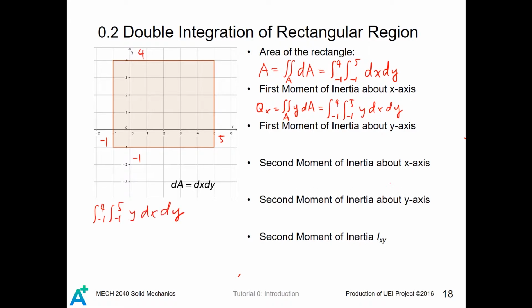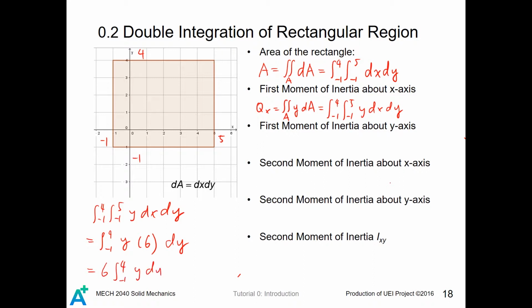First, for the inner integral, you can see that y is irrelevant to x. So you just treat y as a constant, take out the y, and you do the integral from -1 to 5 of dx. As we just said, this thing is just equal to 6. And you have the dy behind. Then it will become 6 times the integral from -1 to 4 of y dy.